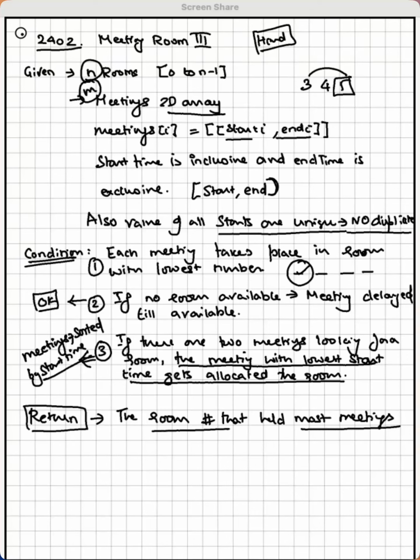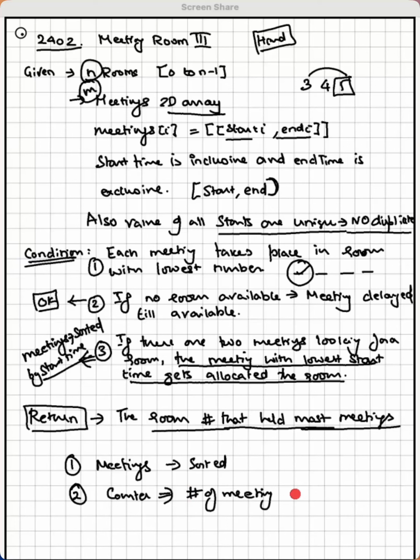So from these inputs, there are a few observations. The first thing is that my meetings need to be sorted if they are not already sorted. Second, the room that has the maximum meetings tells me that I need a counter for the number of meetings every room had.